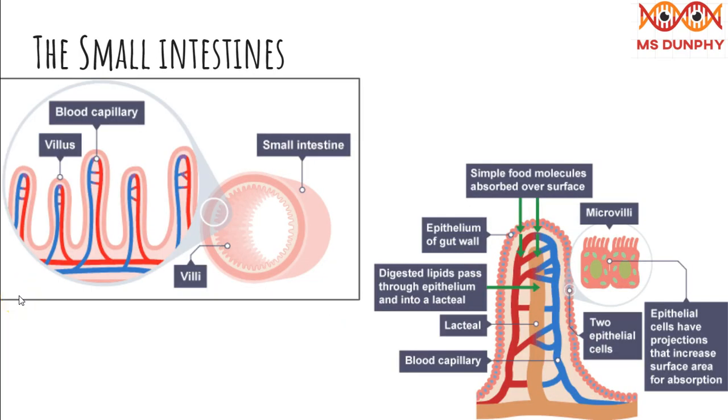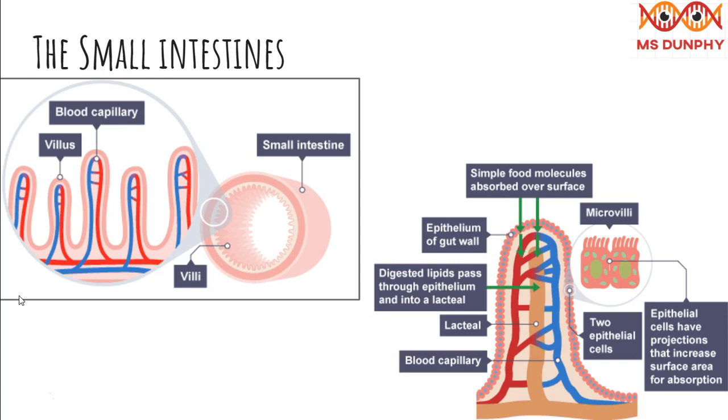The small intestines have many adaptations that make them good at absorbing food into the blood system. Nutrients like glucose and amino acids are absorbed into the bloodstream from the small intestines, either by diffusion or active transport. To aid this absorption, the inside of the small intestines is covered in millions and millions of tiny little projections called villi.